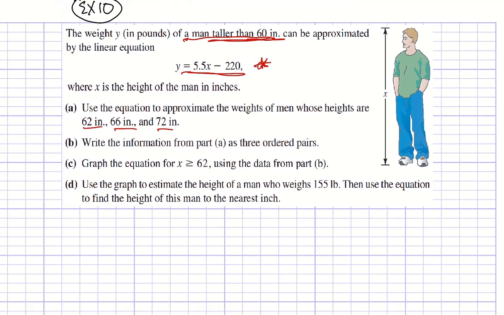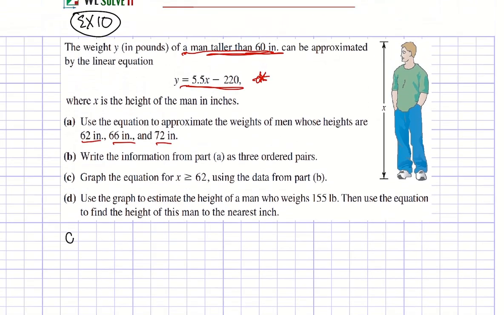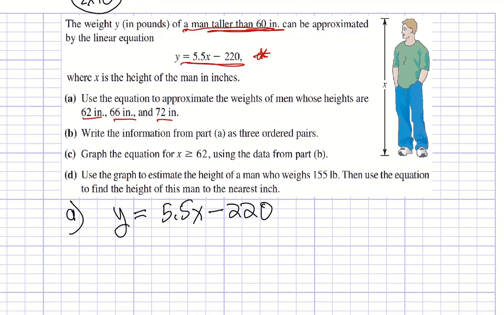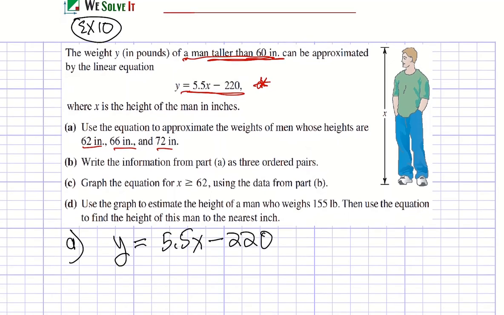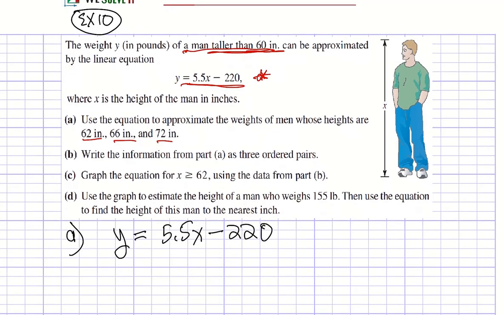So what they're saying in A is that y equals 5.5x minus 220, okay? That's the weight of the man. They say use the equation to approximate the weight of men, so y is the weight, and x is the height.